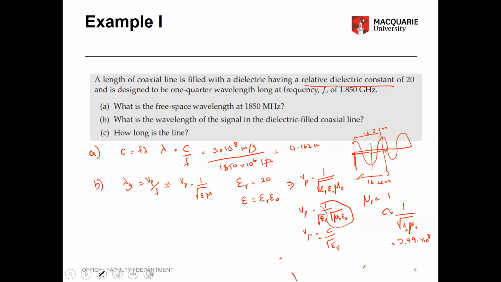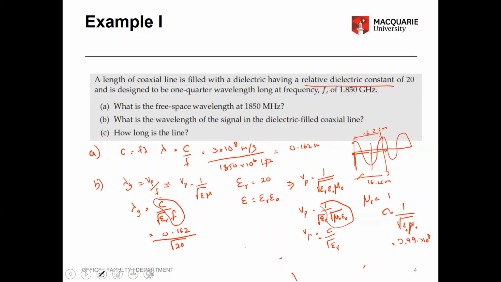Now if I substitute it in here, instead of Vp, I can write c over root epsilon r times f. You remember c over f, which you found here, is 0.162, and then epsilon r is 20, so we take the square root of 20.